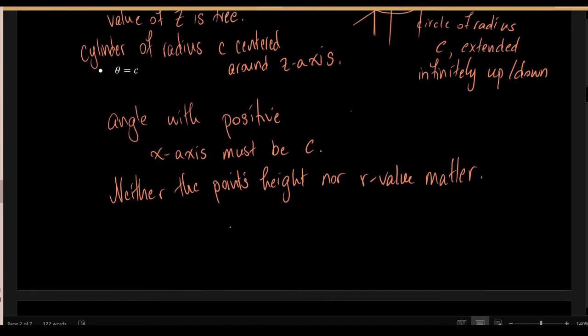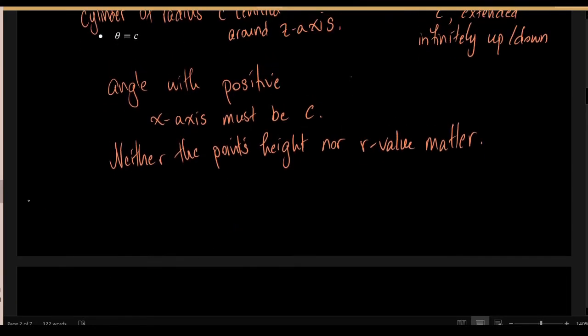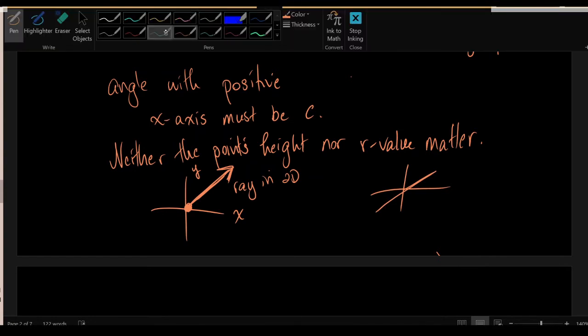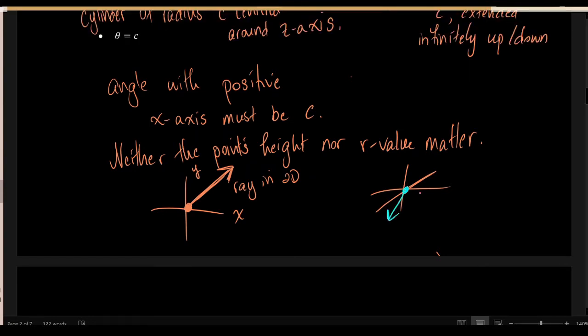So if I try and describe all the points which have this specified angle, well, if we describe those points just in terms of x and y values, all the points with the specified angle, regardless of the value of r, would form a ray. However, in three-dimensional space, I'm also free to extend that ray infinitely up and down.